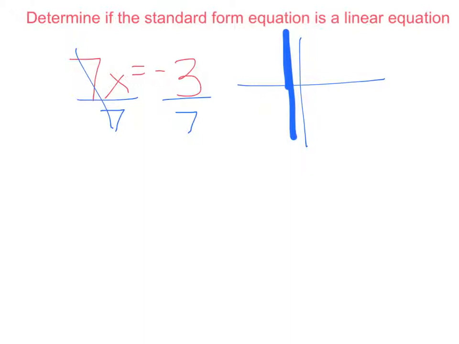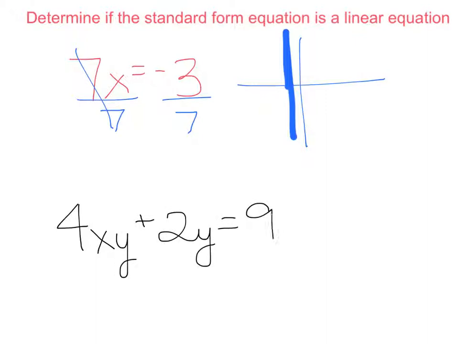Now, if we have an equation that starts out 4xy plus 2y equals 9. Right at the beginning, you would be able to say that this is not a linear equation because we have two y's over here.